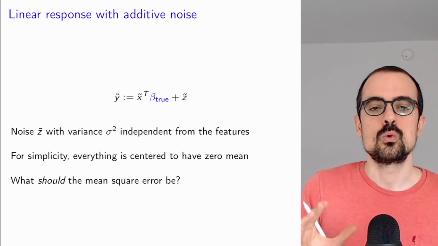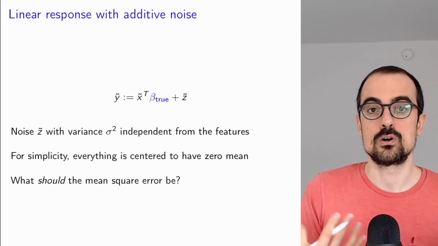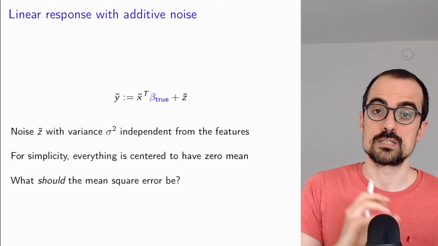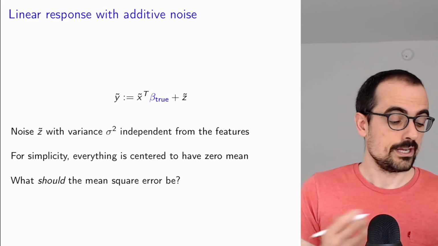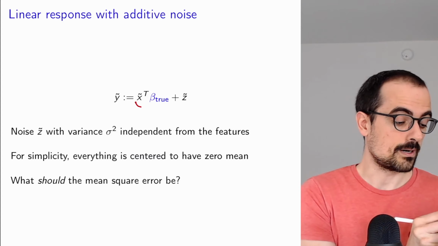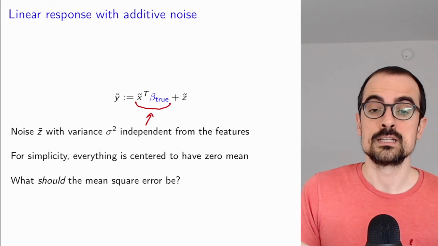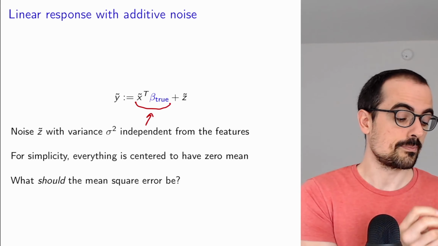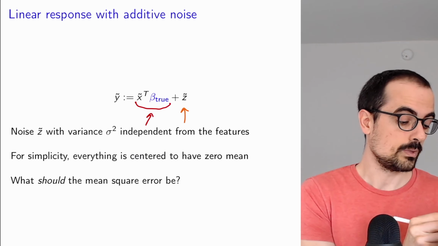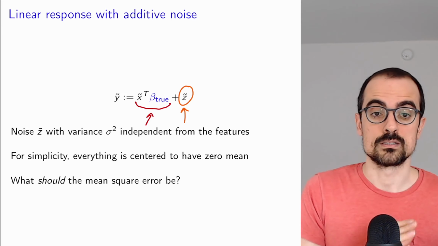Now think about what the mean square error of our linear estimator of the response given the features should be. Here, there is a part of the response that is indeed linearly related to the features, but there's another part which is not. And we cannot expect to be able to estimate that part.